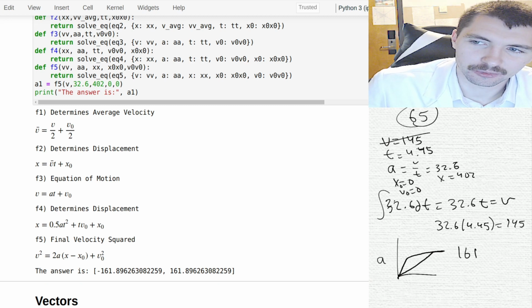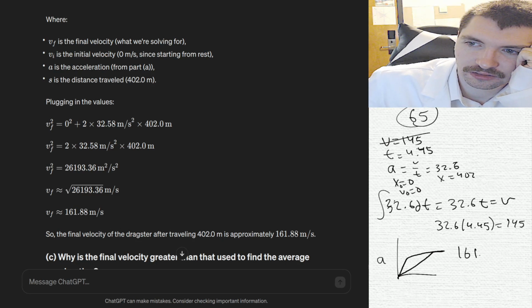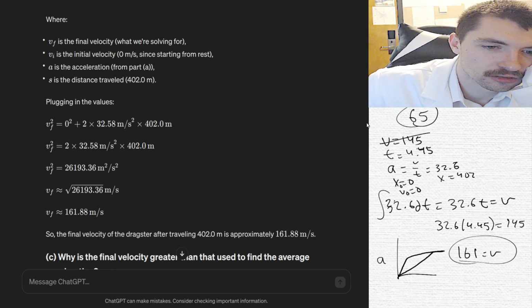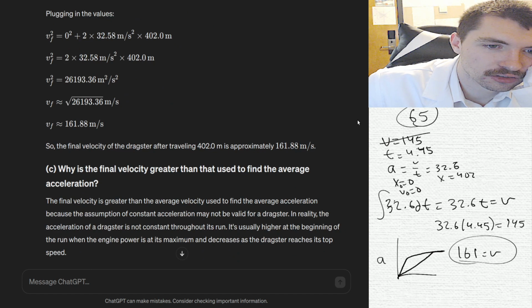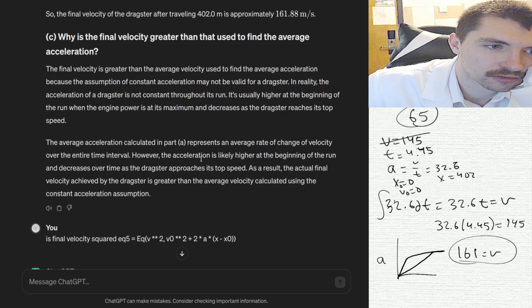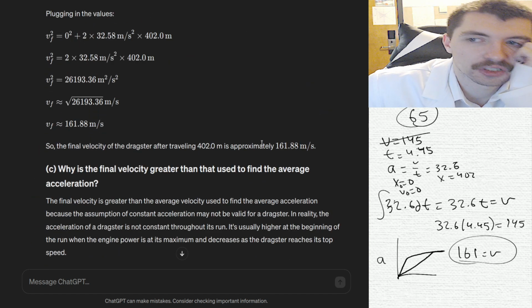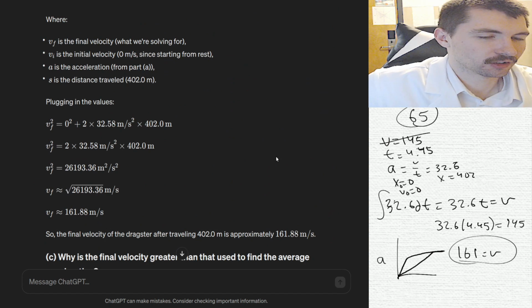Man, 161. So why is the final velocity greater than I used to find? Okay, makes sense.